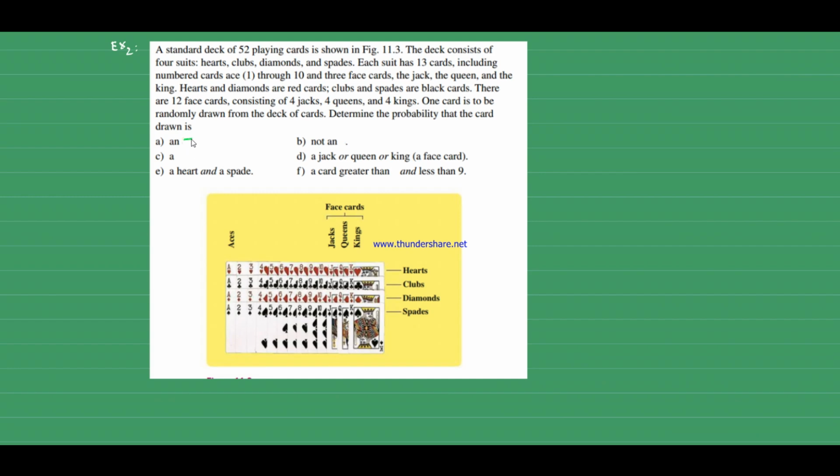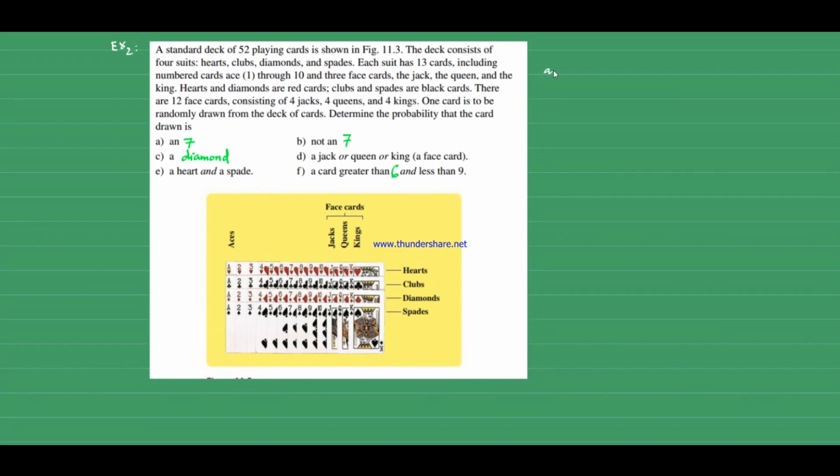And over here, not a 7. Over here for part C, I want to get a diamond card. And over here, I want to have a card greater than 6 and less than 9. So let's see how we do this.